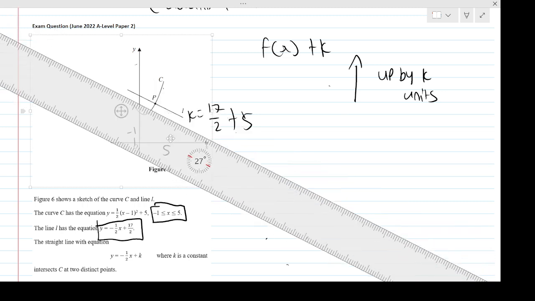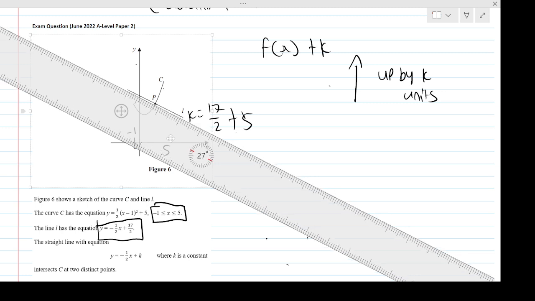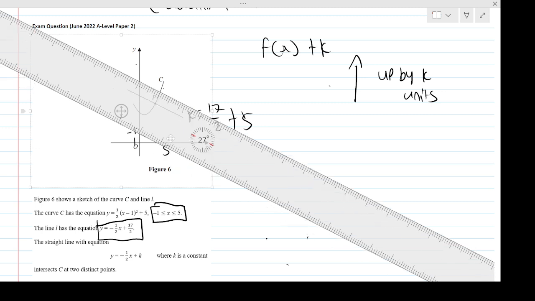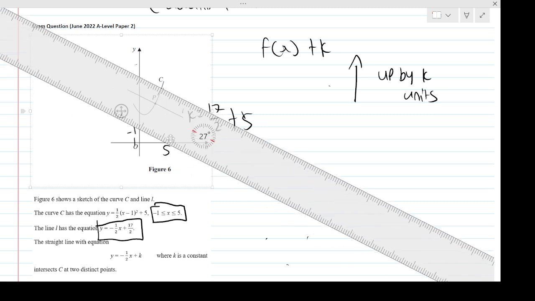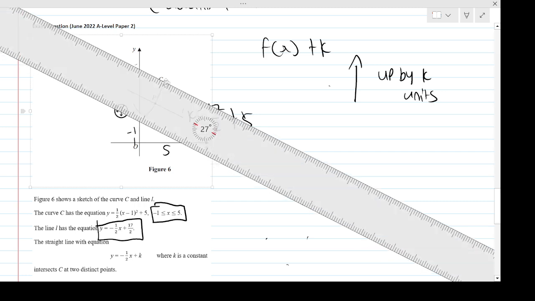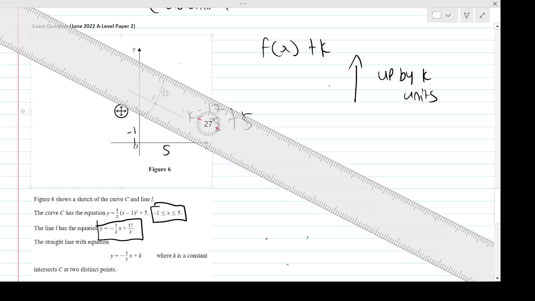What we need to investigate is when this line crosses this curve twice, at 2 distinct points. Clearly at the moment, it's only crossing once, so that's not good enough. If we keep shifting it up, it's just going to remain as one intersection, isn't it? And at the very end, at this tipping point where it crosses on the right side, once it goes beyond here, it doesn't cross the curve at all.